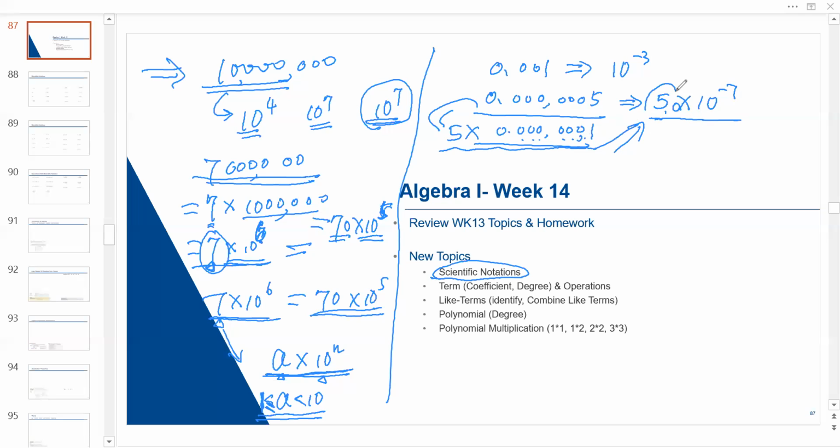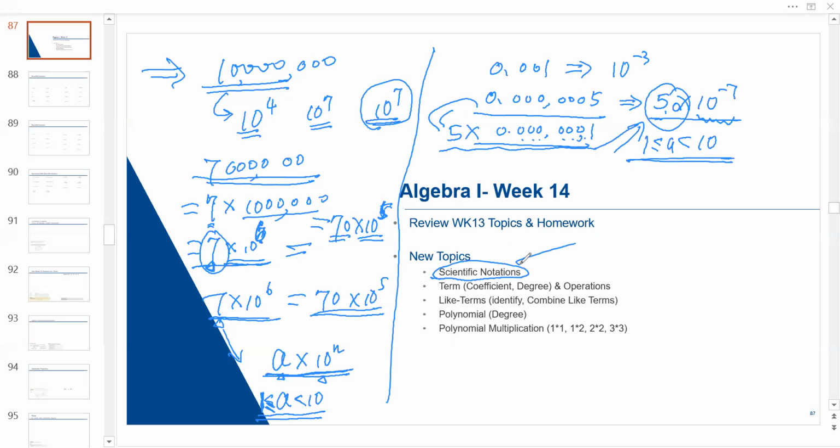So make this number between 1 and 10, greater than or equal to 1 but less than 10. For the rest of this kind of number, use 10 power negative 7 to describe it.